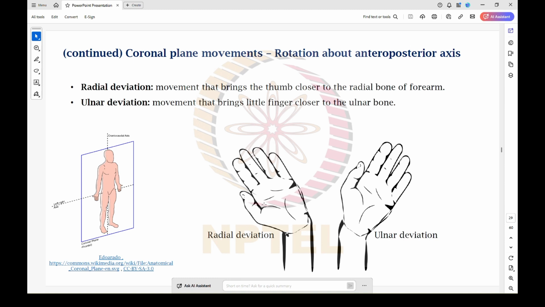These movements will be in plane with the coronal plane. If the hand is moving such that it's coming closer to the radius, it's a radial deviation, whereas if it's moving such that the little finger is coming closer to the ulnar bone, it's the ulnar deviation.